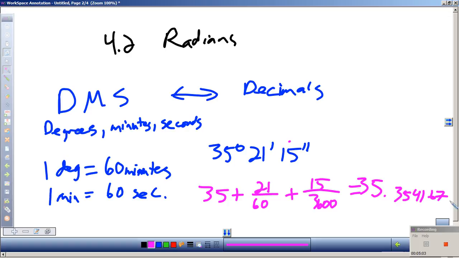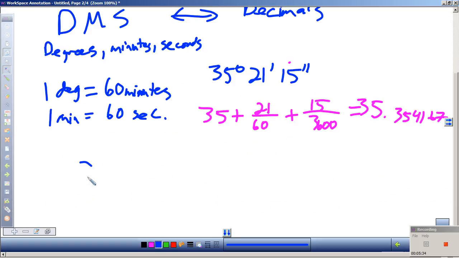How about going backwards, the other direction? So if I had, say, 22.1763 degrees, and I want to change it to degrees, minutes, seconds, so I should put a degree there. First, how many degrees is that going to be? 22, okay, that's the easy part. Now we can get how many minutes and how many seconds.